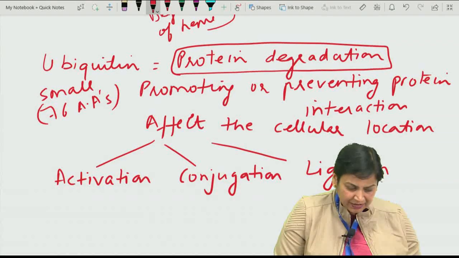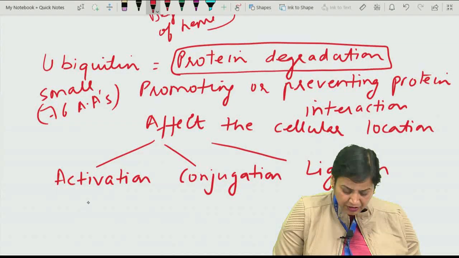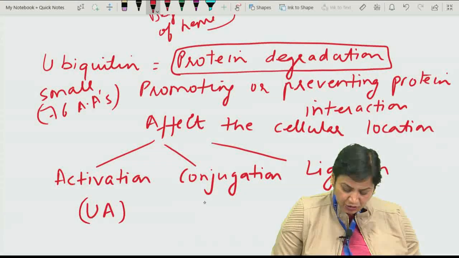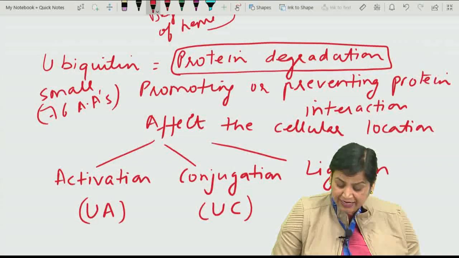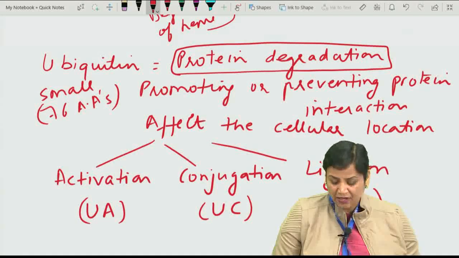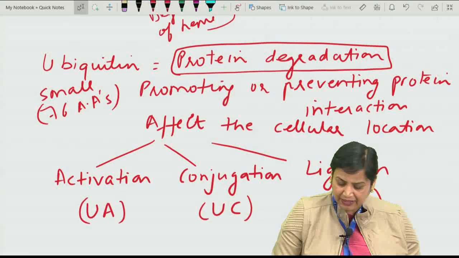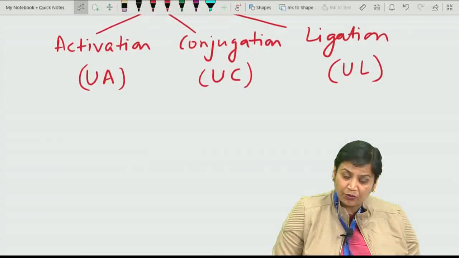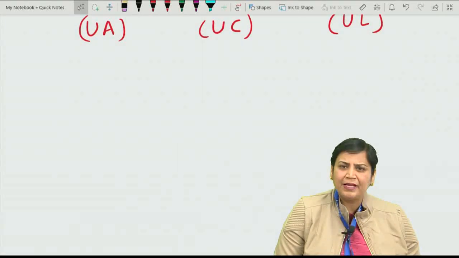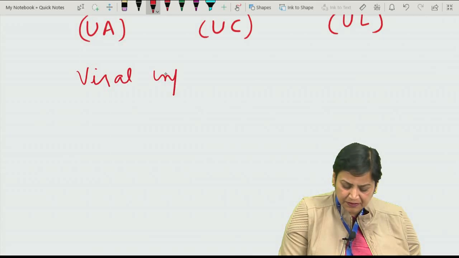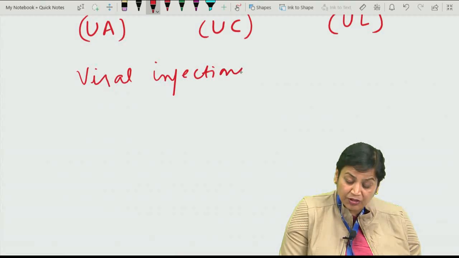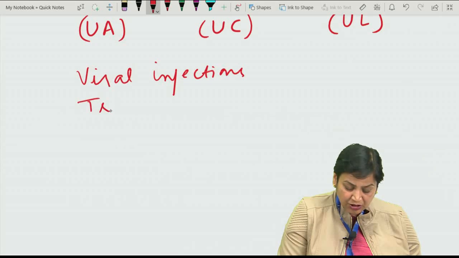Activation is mainly in the presence of ubiquitin activating enzyme. Conjugation is in the presence of ubiquitin conjugating enzyme, and ligation is in the presence of ubiquitin ligase enzyme. So basically it is helping in the degradation of proteins and it plays a very important role in viral infections. It also plays a very important role in the transcription of DNA.